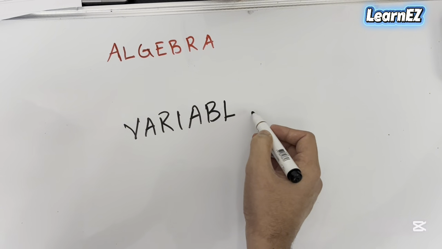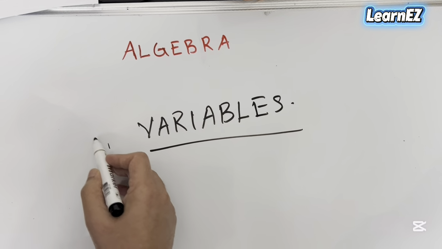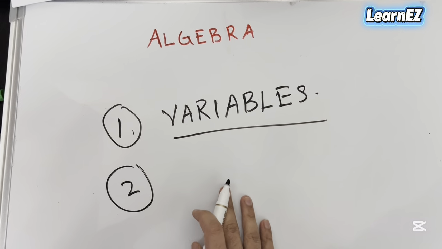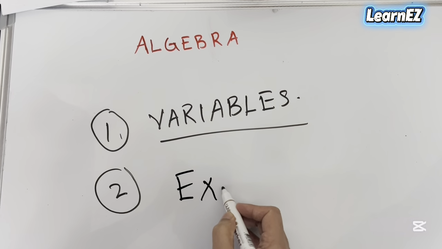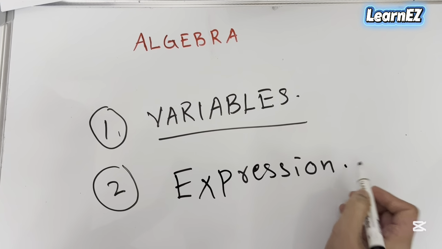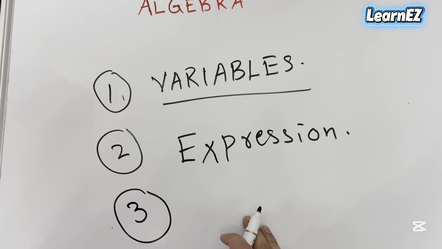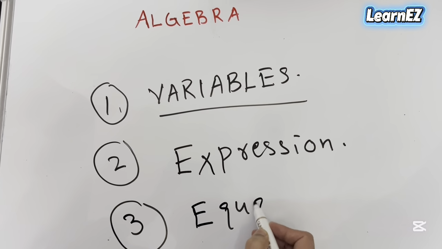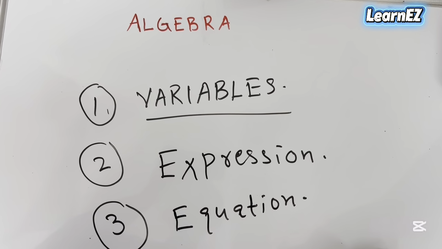I explained to you guys what variables are, and secondly I explained expressions, and after the expression I explained equations as well. I will also mention some examples here so you have the idea what exactly I'm talking about.